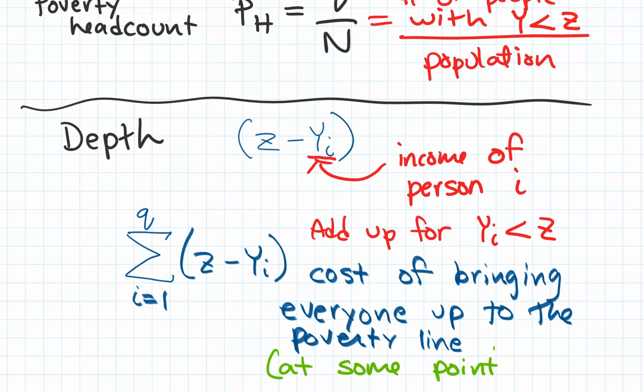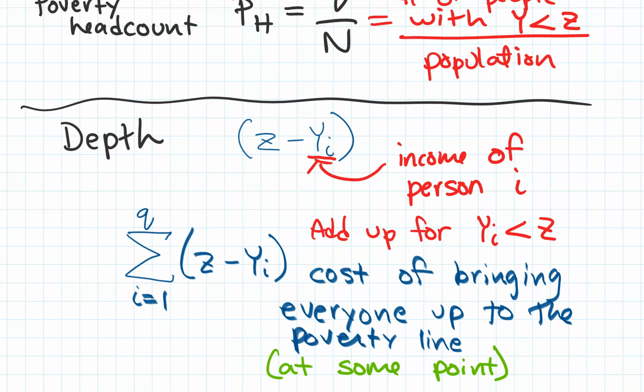So if the poverty line we're using here is based on a monthly income, for example, then this would tell you how much money you would have needed to transfer in that month in order to bring everyone up to the poverty line. As we'll see later in this unit, just bringing people up to the poverty line will not necessarily keep them out of poverty if there's some other dynamics going on that tend to push people back into poverty.